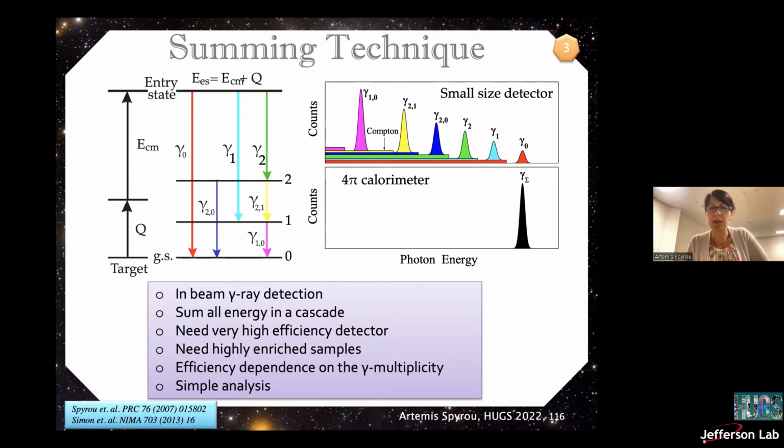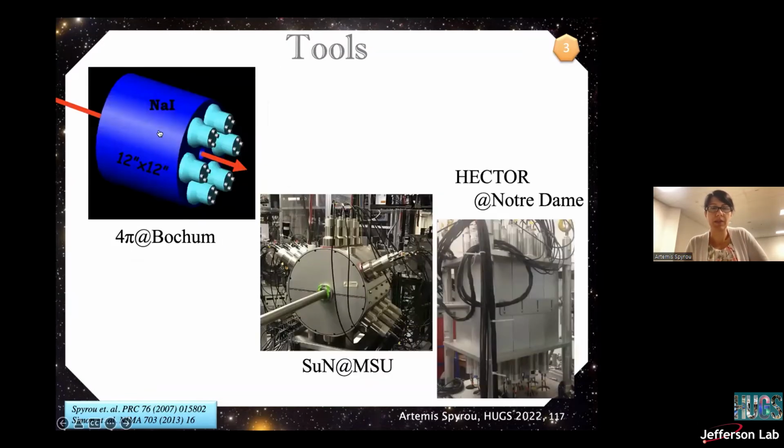Because it could be that, if I'm in this detector, gamma 1 hits here, Compton scatters, so it doesn't get fully absorbed, and then goes over here, and that's where it deposits its energy. But the detector is large enough that, independent of how many gamma rays there are and how many times those gamma rays scatter around, it will collect all of the energy, and that's what you're looking for. Thank you. Yeah.